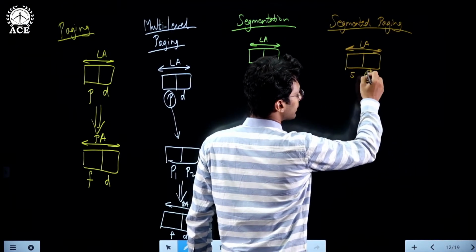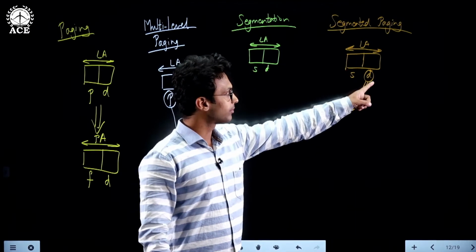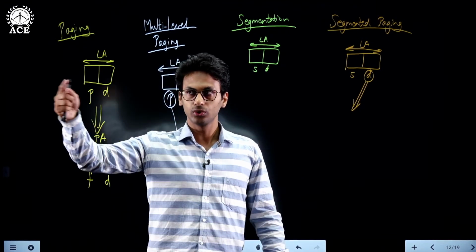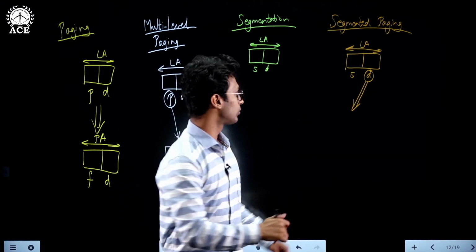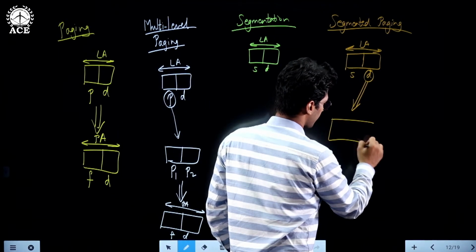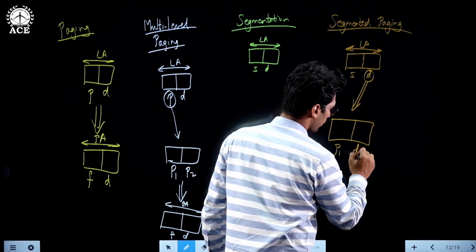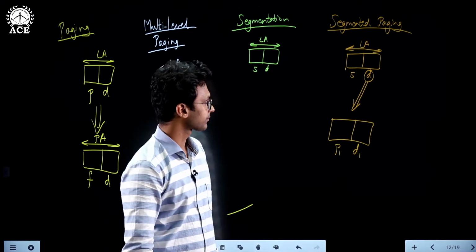D will get converted to, see, segment and segment offset. Segment is divided into pages. You got to know which segment you want to access. Now which page you want to access, that you will get to know. How? Page number of that segment and then page offset, or frame offset.